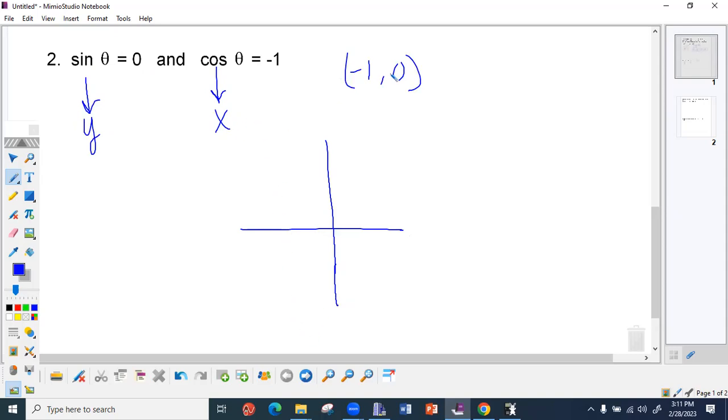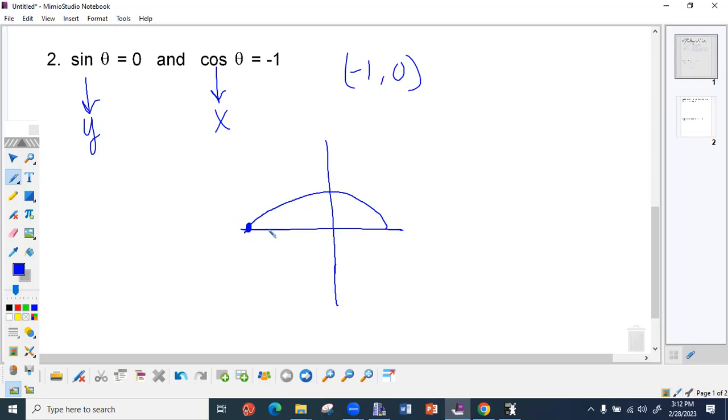Okay. So if I'm at (-1, 0), that means I'm over here. What's over here with me? It's on the axis, not in a quadrant. What's the angle? 180.